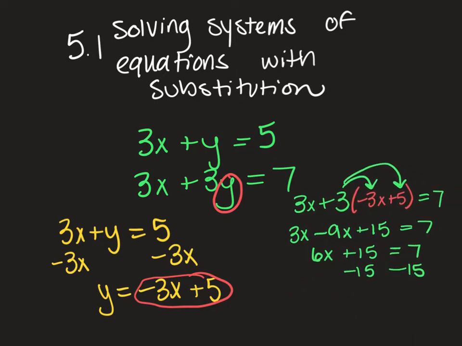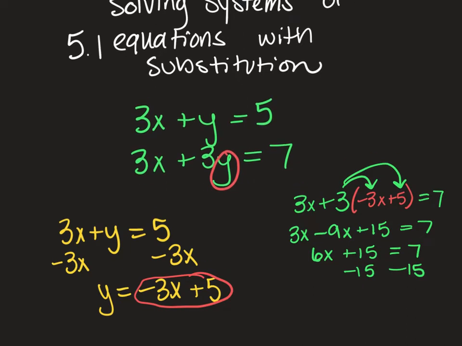I'm trying to get more room, sorry guys. All right, and then 7 minus 15 gives us 8, or negative 8, sorry.